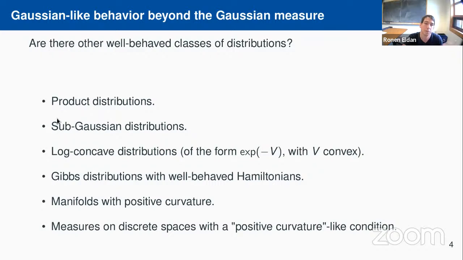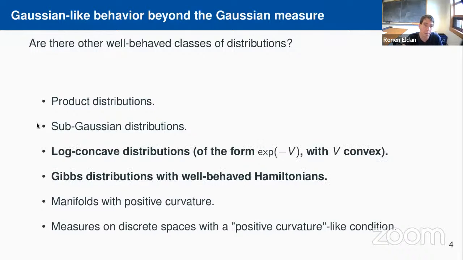But it turns out that there are more complicated families of distributions where you also observe these kinds of phenomena. In this talk, we'll focus mainly on two cases. The first case is so-called log-concave distributions.